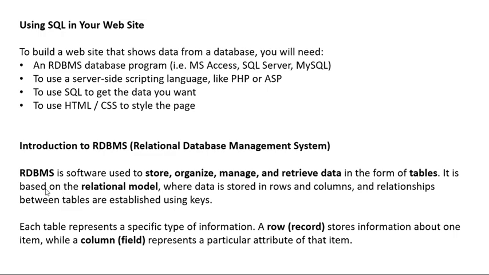It is based on the relational model, a way of storing data in rows and columns, and relationships between the tables are established using keys. Each table represents a specific type of information. A row is a record that stores the information about one item, while a column, called a field, represents a particular attribute of that item.